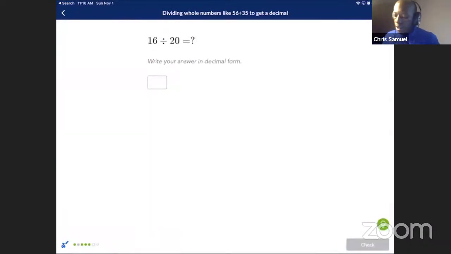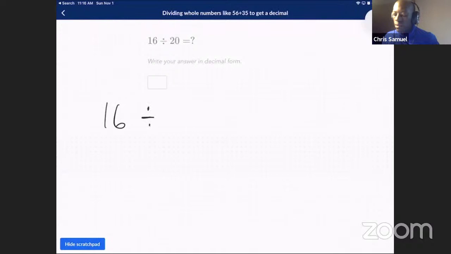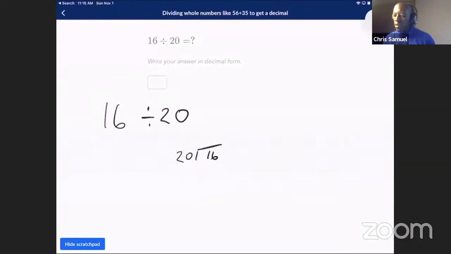Then we have 16 divided by 20, and this is like saying 20 goes into 16. So 20 goes into 16 0 times, and you would want to bring the 0 down here. And then we want to say 20 goes into 160.